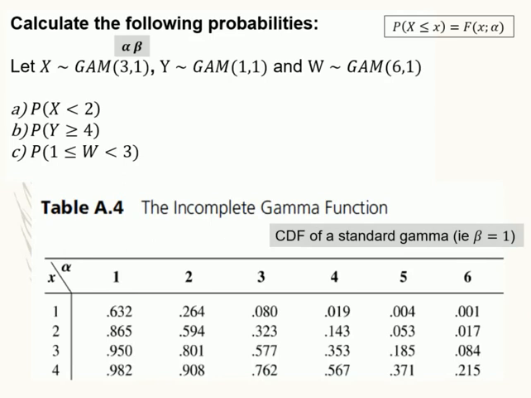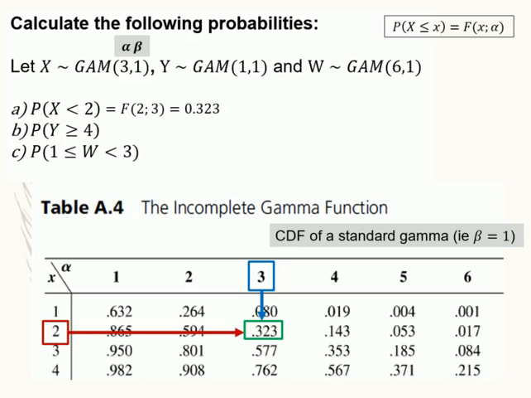Immediately you can see that your value of x is 2 and your value of alpha is 3. So you go to the table and look for alpha equal to 3, x equal to 2. You want the area to the left of 2. Similar to a normal table, you go across and down, and in this example, you end up at 0.323.